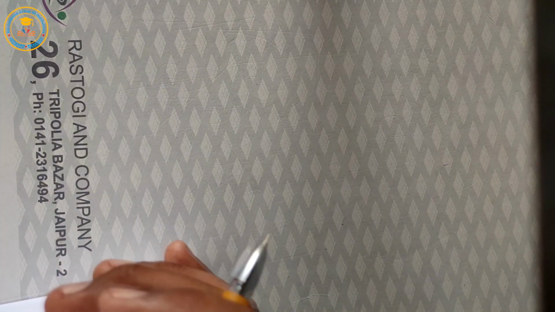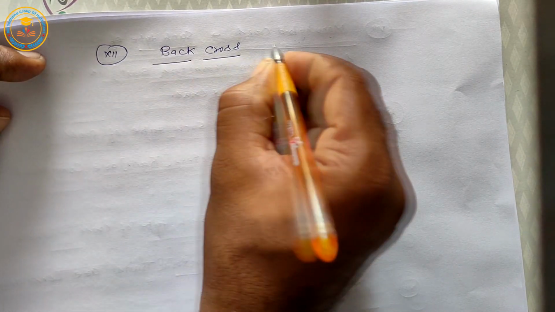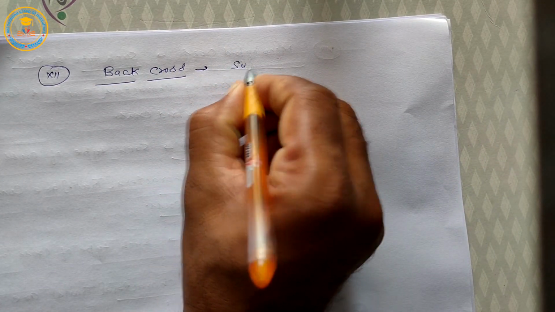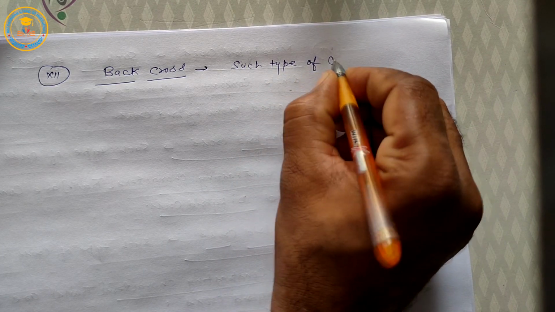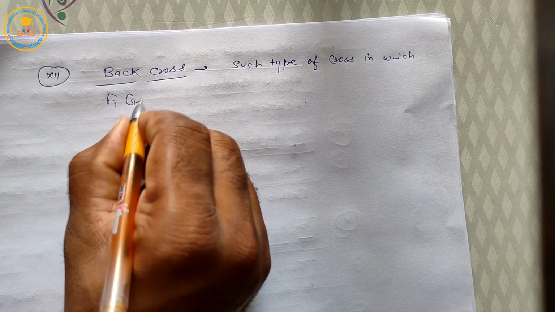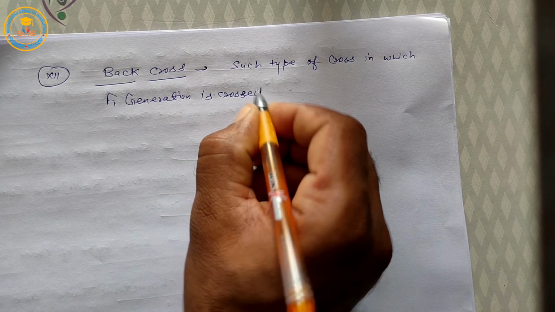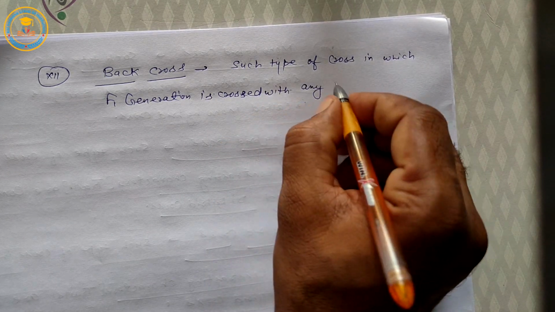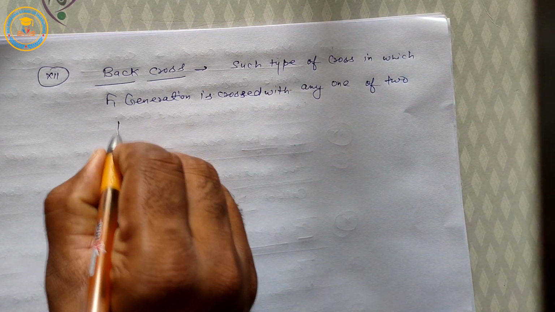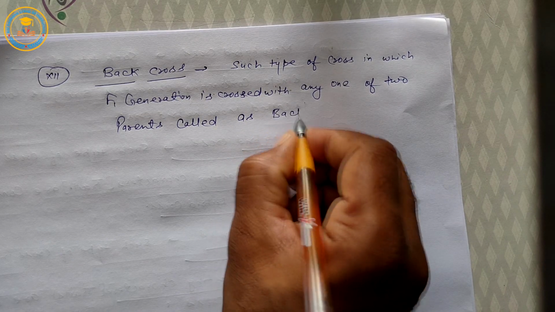Next is backcross. Students, such a type of cross in which the F1 generation is crossed with any one of the two parents is called backcross.